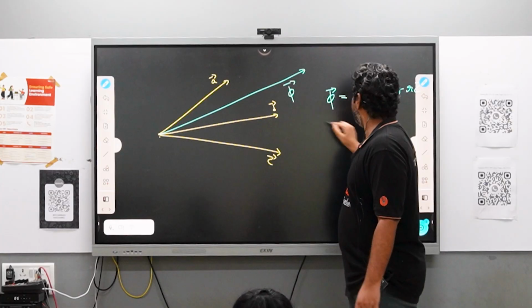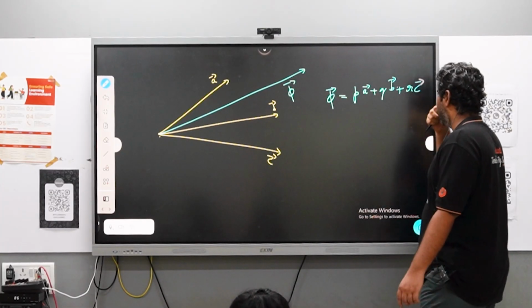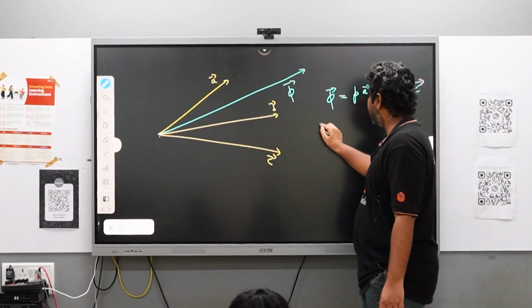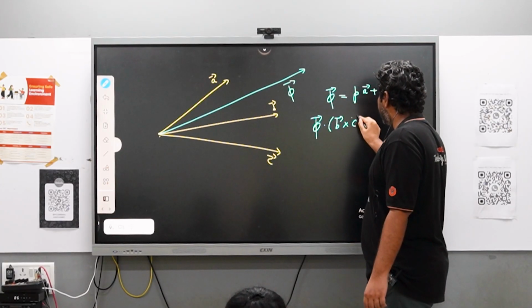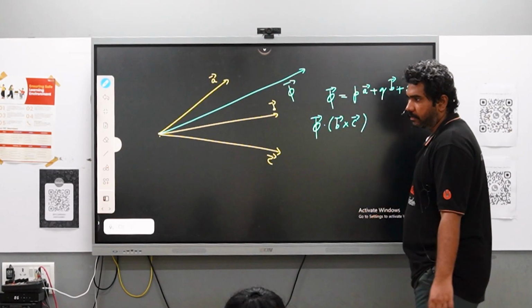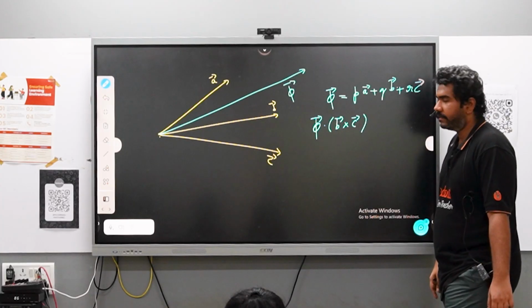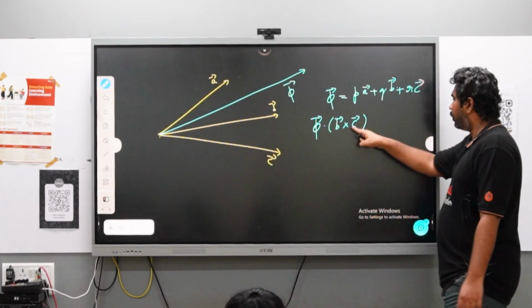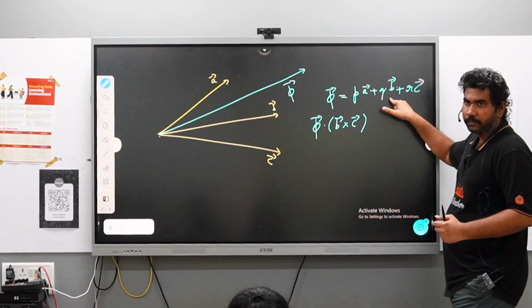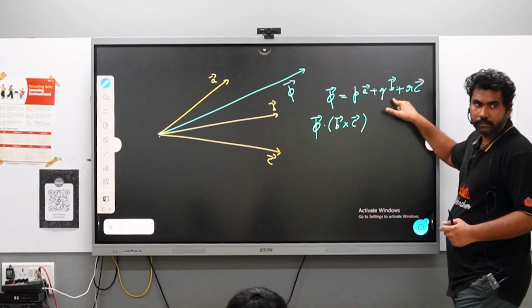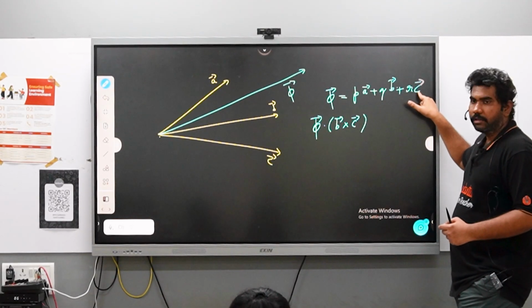Should I take something as a product? So say for example you take like this. Take the dot product of B cross C on left and right. If you take the dot product of B cross C on right, this will become 0. B vector dot B cross C is 0. C vector dot B cross C is 0.